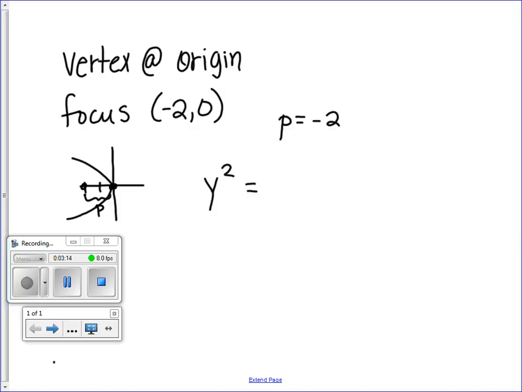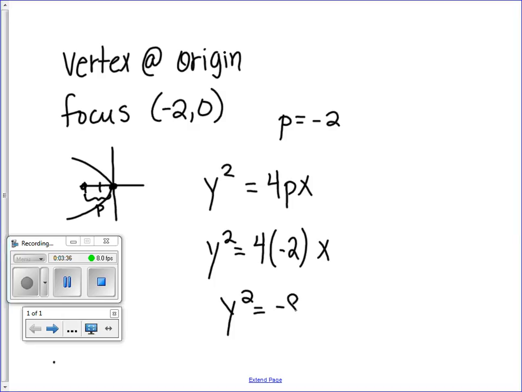Find it in your notes if you don't have it memorized. 4px. So y squared equals 4 times p. What's p? Times x. So this equation would be y squared equals -8x. That's it right there.